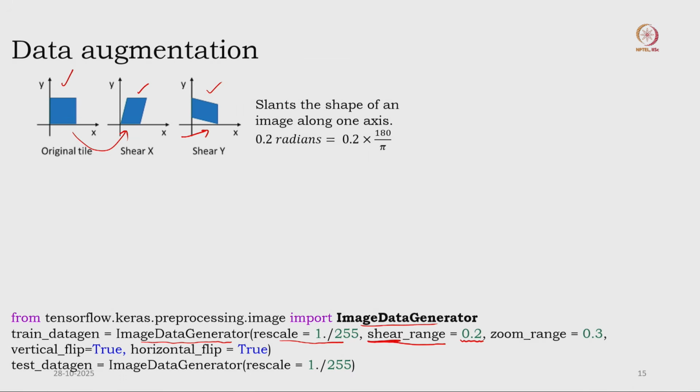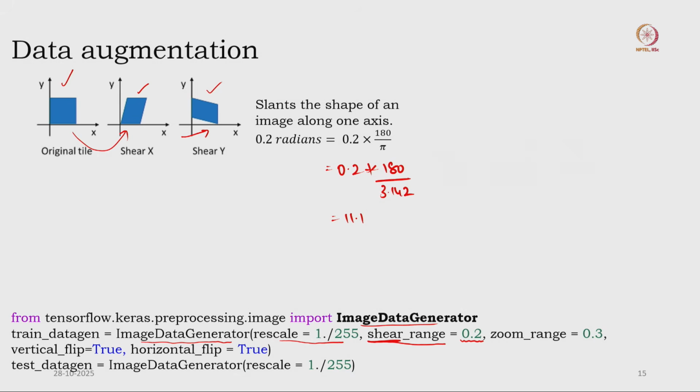In the example that we have taken here, it is 0.2. The math behind this shear range is that 0.2 gets multiplied with 180 divided by pi. So, you have 0.2 multiplied with 180 divided by 3.142, and you will get a value of 11 point something.